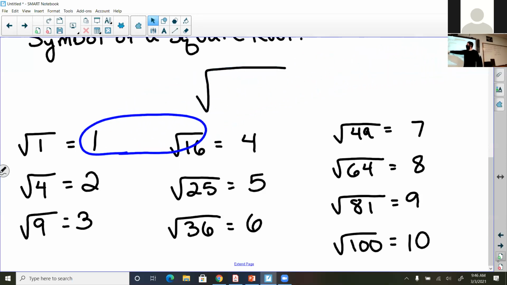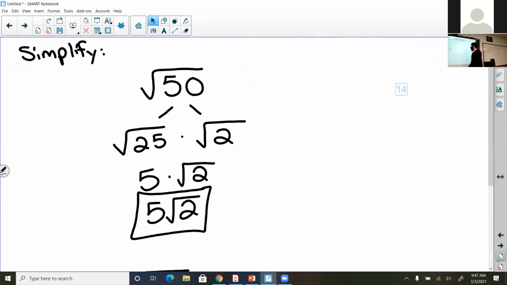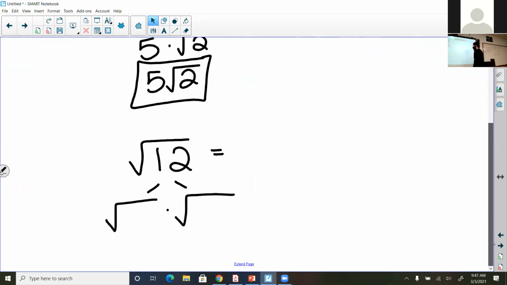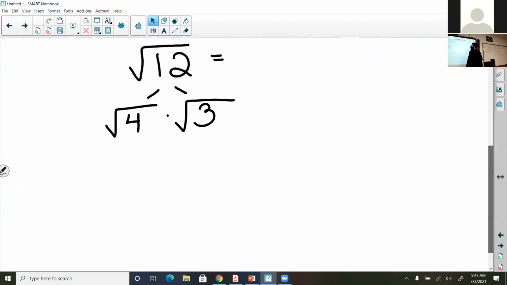Well, I see over here that the square root of 4, which is 2, goes into 12. So I'm going to break up this radical, and I'm going to use the square root of 4 times the square root of what other number to equal 12? So the square root of 4 times the square root of 3 would equal the square root of 12.